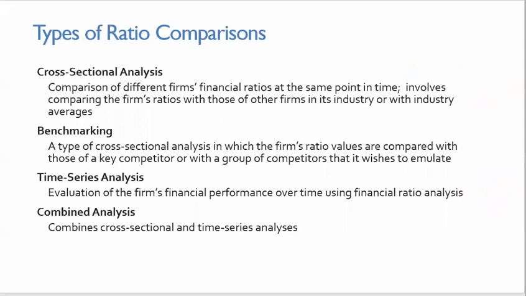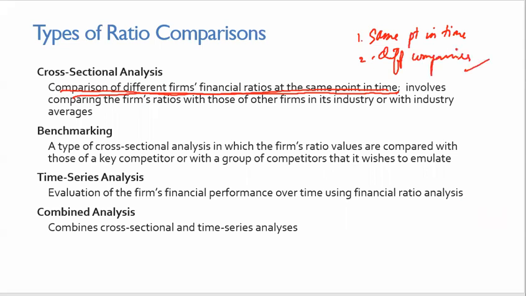So types of ratio comparisons. Number one is cross-sectional analysis. It is a comparison of different firms' financial ratios at the same point in time. So same point in time, different companies. We call that a cross-sectional analysis.